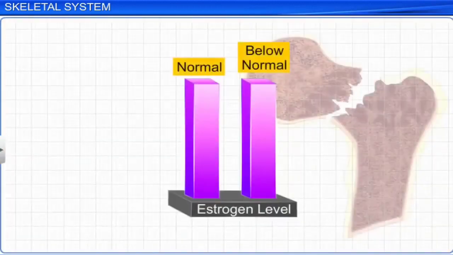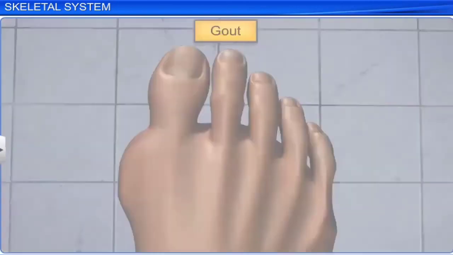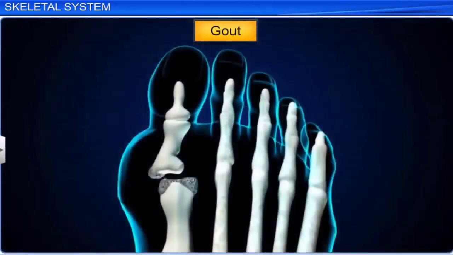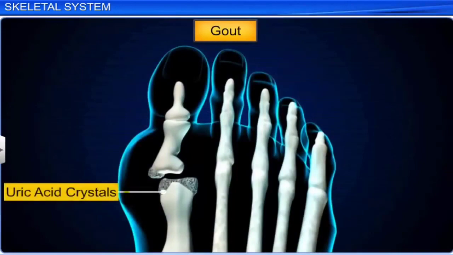It is caused by a decrease in the level of estrogen and is therefore more common in women. Gout is another disorder which results in the inflammation of joints due to the accumulation of uric acid crystals.